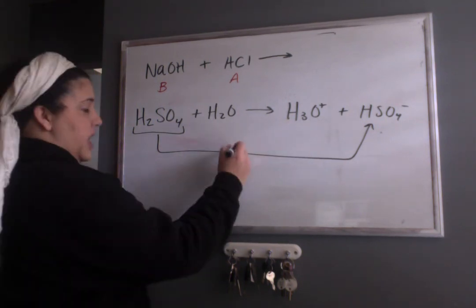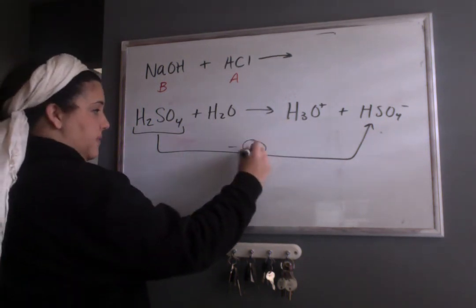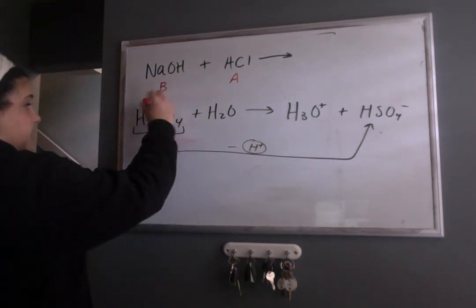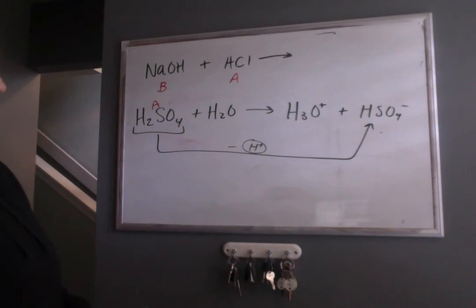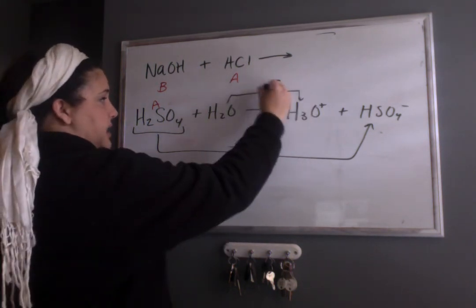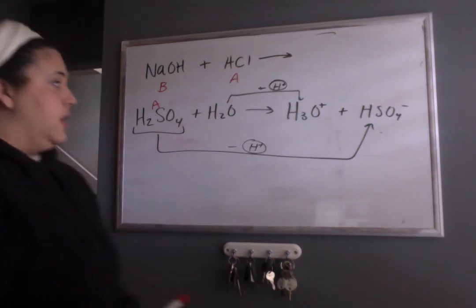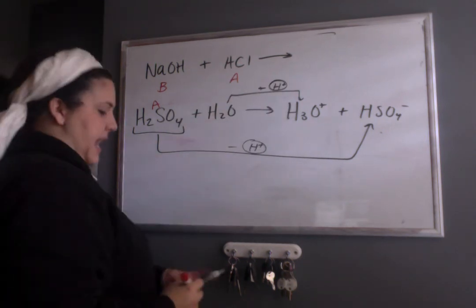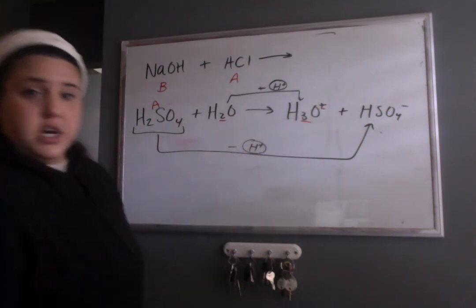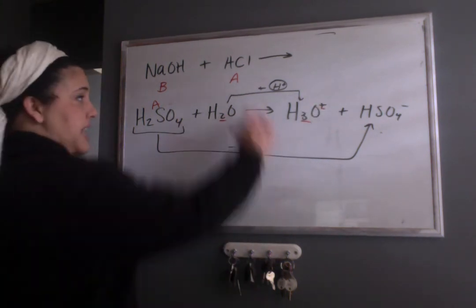It looks like I donated or lost an H+. That should make me an acid if I donated an H+. Now, I look at water. Water seemed to have gained an H+. Water went from H2O to H3O+.